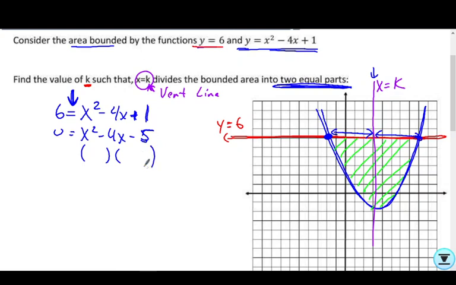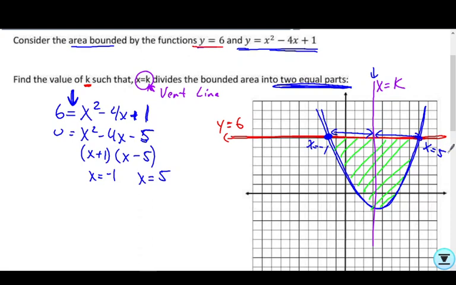It factors as 5 and 1. This is minus, this is plus. So x equals -1 and x equals 5. Those are our intersection points. This is at x equals -1, and this one is at x equals 5.